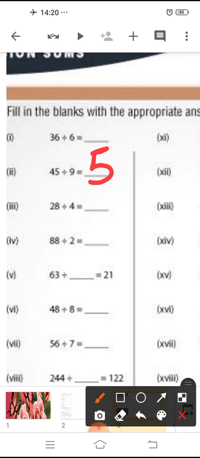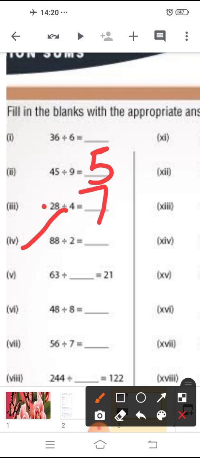Okay, now 28 divided by 4: 4 ones are 4, 4 twos are 8, 4 threes are 12, 4 fours are 16, 4 fives are 20, 4 sixes are 24, 4 sevens are 28. Same with you will do this.